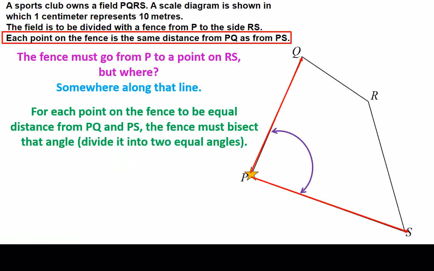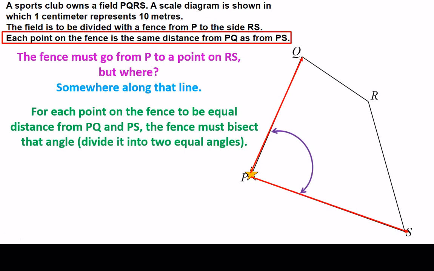For each point on the fence to be equal distance from PQ and PS, the fence must bisect the angle. That means it will divide the angle into two equal parts or two equal angles. That is the angle that we need to bisect.